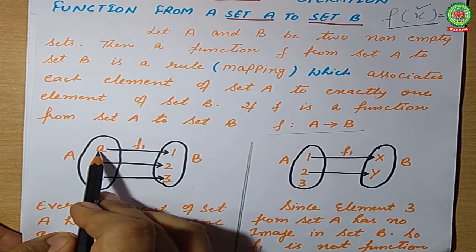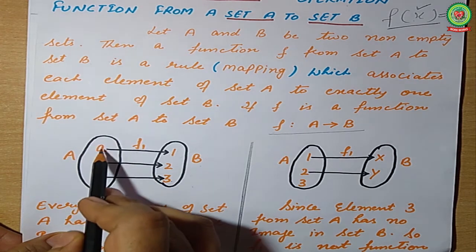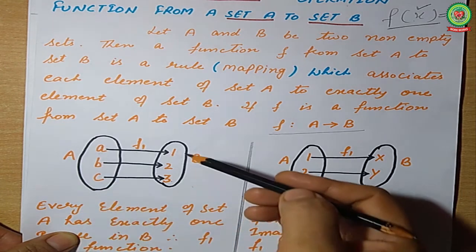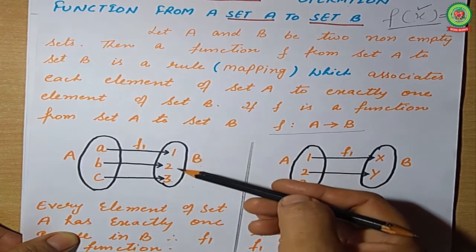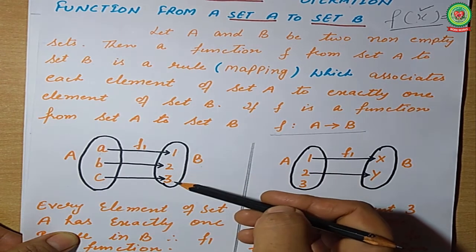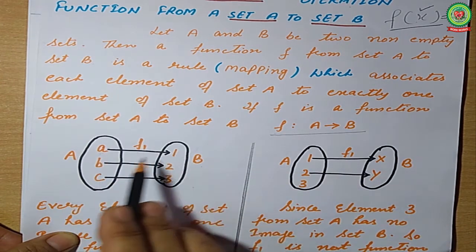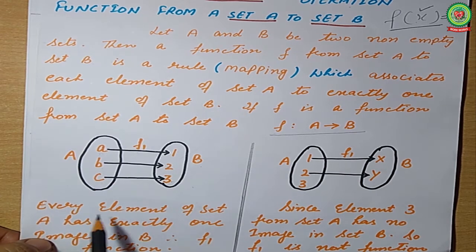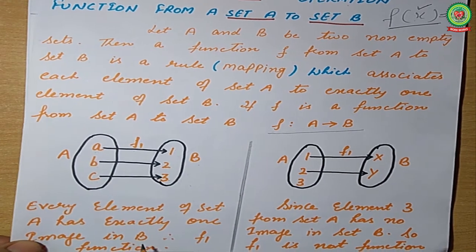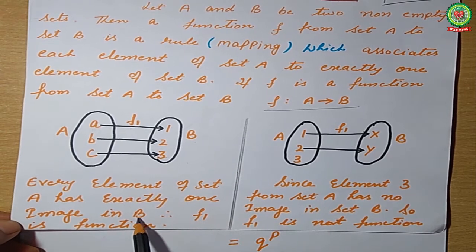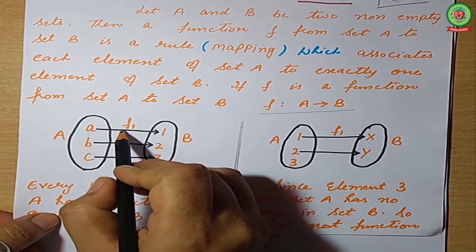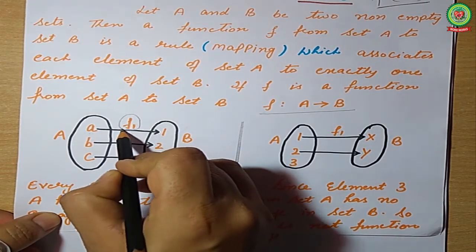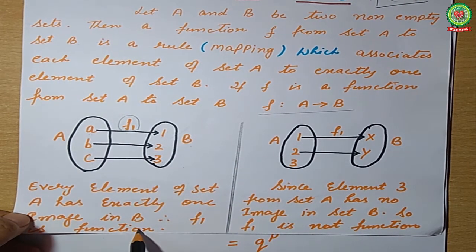Means each element of set A, that is a, b and c, has exactly one image in set B, that is 1, 2 and 3. a has image 1, b has image 2, c has image 3. Every element of set A has exactly one image in B, therefore the function is denoted as f1. So f1 is the function there.